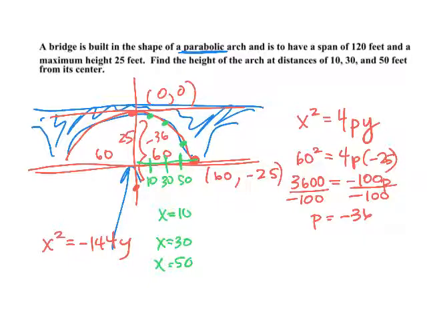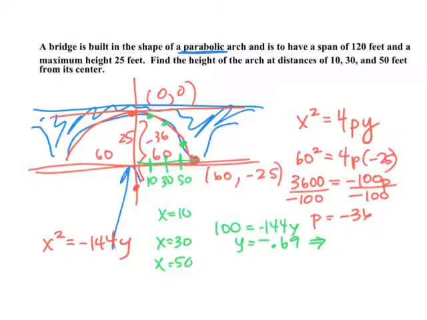So when I plug in 10 to the equation, we're going to end up with 100 equals negative 144y, and y equals negative 0.69. When I add that to 25, we end up with 24.3 feet. And I'll do that same thing for both x of 30 and x of 50.